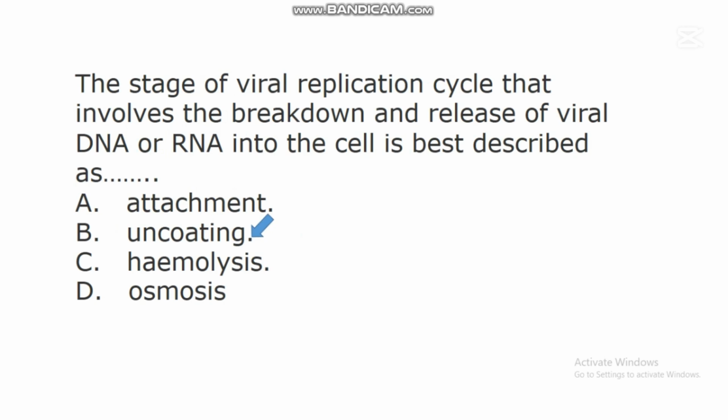Uncoating is the stage of viral replication cycle that deals with the breakdown and release of viral DNA or RNA into the cell. So in this situation, there will be breakdown and release of viral genetic makeup into the cell of an individual or the cell of an organism.